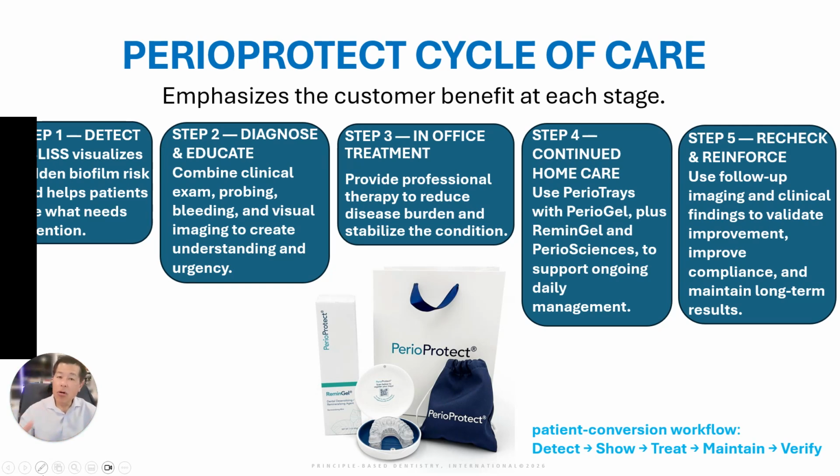But when they go home and I don't see them for 3, 4, 6 months, what are they going to do? Well, now they can use the Perio trays, using the Perio gel and the Remin gel, and maybe some of the Perio Sciences materials to support the ongoing daily management of what's going on in the mouth. And then we are going to recheck and reinforce how well they're doing when they come back for their follow-up visits using that same imaging of Q Bliss.